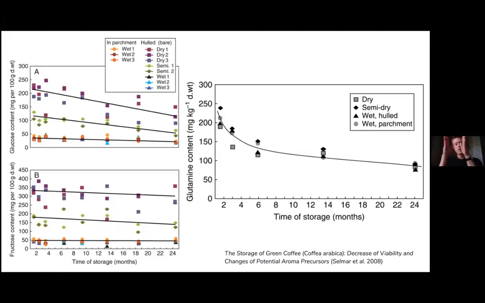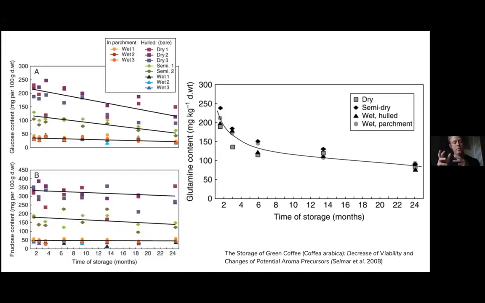And then moving over to the graph on the right, what we're looking at here is glutamine. So once again, glutamine is a free amino acid, and free amino acids lead to aroma or aromatics in that roasted coffee. And so if you lose your free amino acids, you lose your aromas, and that's no good. And this one follows a bit of a different trend than the two graphs on the left.